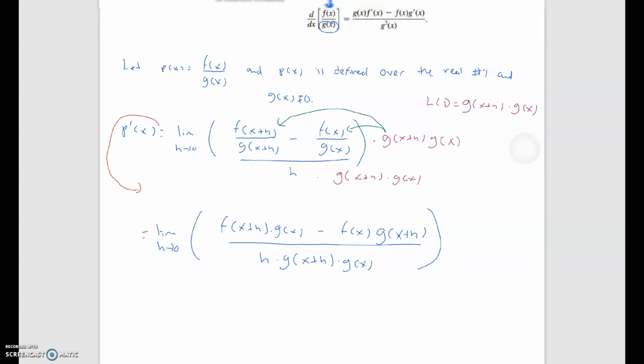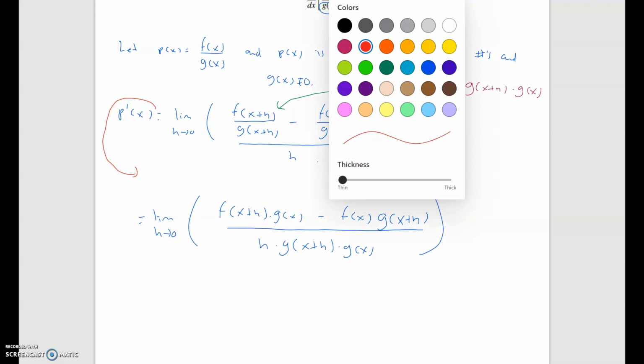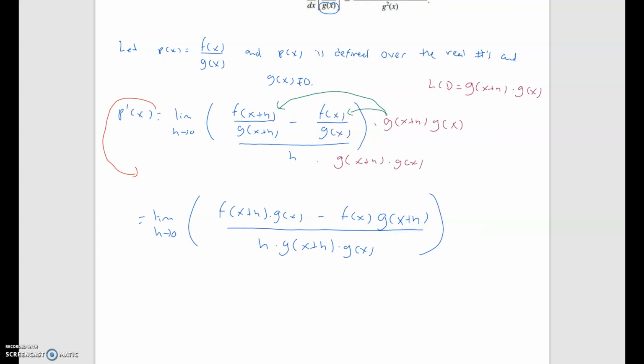Now, the next step in the process is to rewrite the ratio of these functions in a format where you could use some sort of substitution, or rewrite the problem so that you don't have the h at the bottom. Because the way we have it, if we evaluate h, then it's undefined.